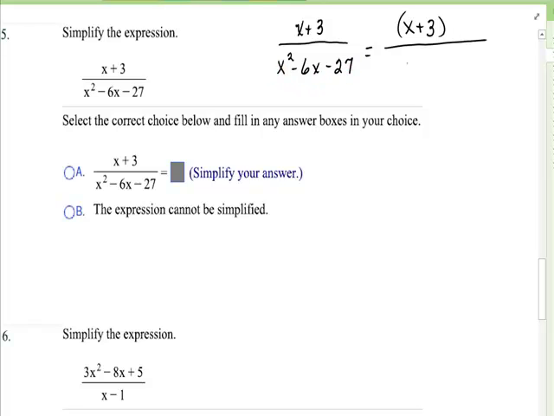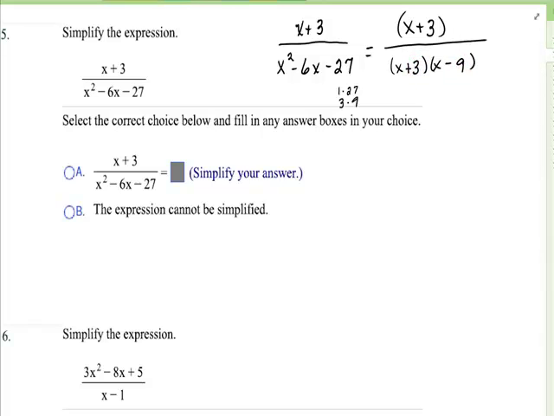There's no GCF, but it is a trinomial. The last sign is negative. That means 1 plus and 1 minus. I have x and x. I need factors of 27. Is it going to be 1 and 27 or 3 and 9? Since I need a difference of 6, it's 3 and 9, and the 9's going to go with the negative.